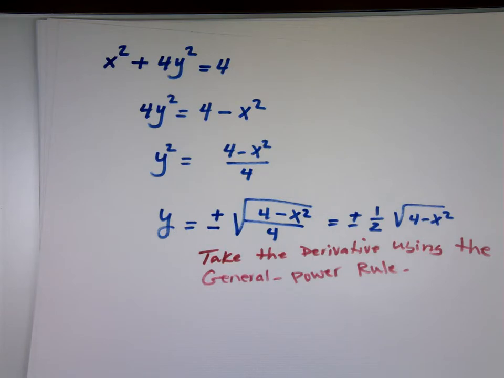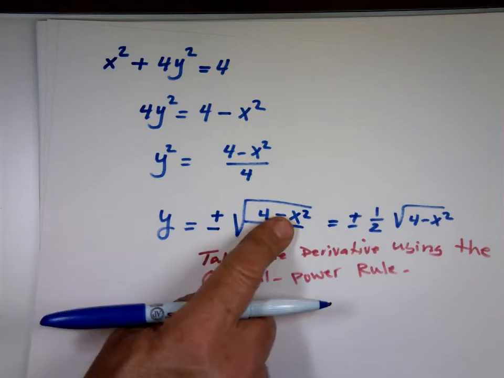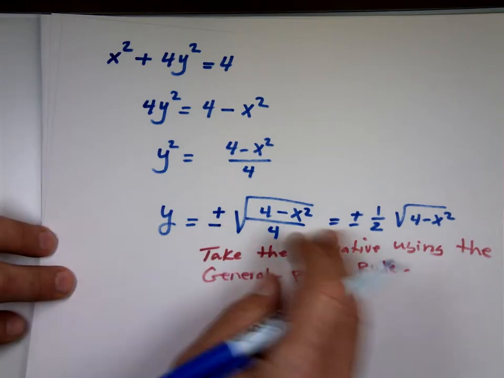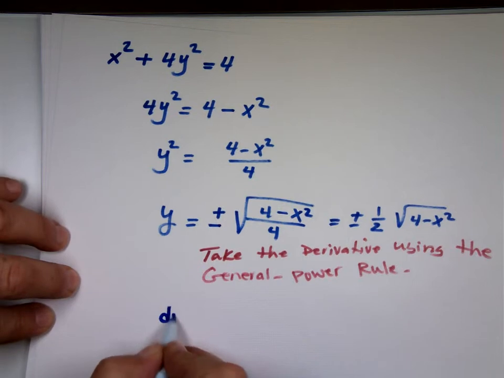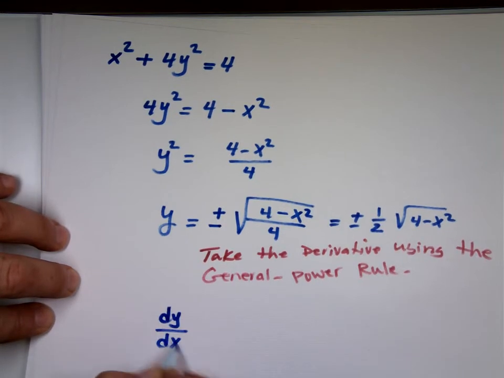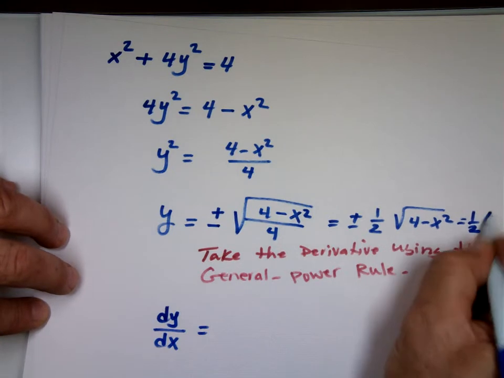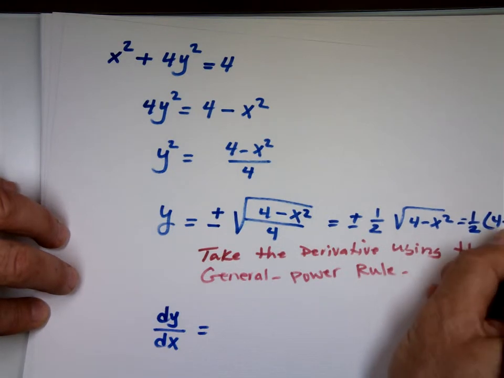It's not really a function. When x equals a number, you can't have two y values. That's not a function. You're going to use one or the other. So if I use the plus side, y equals positive. What's the derivative of that? Remember, this is 1/2. You can write that as 4 minus x squared to what power? 1/2.